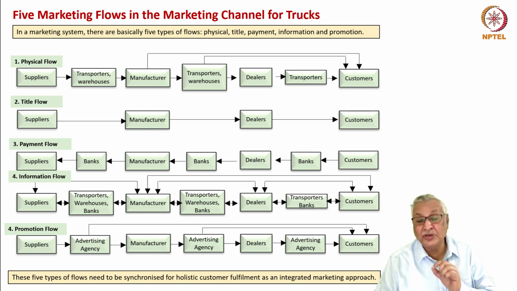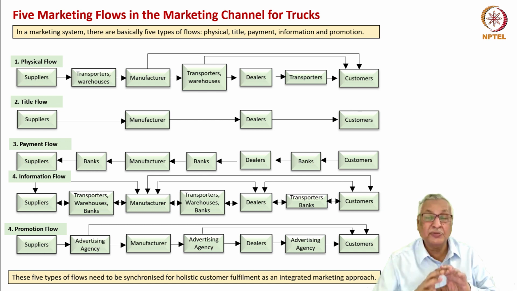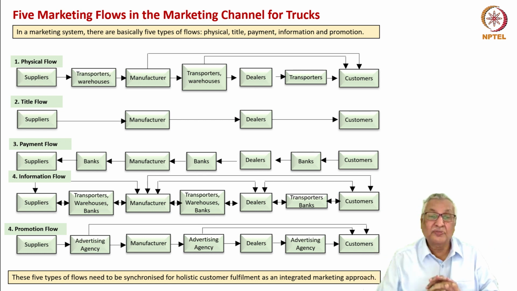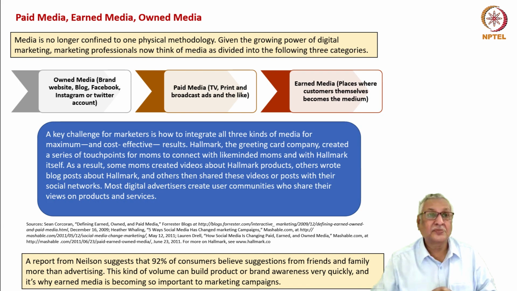But from manufacturer to dealers, one level of advertising agency, but that advertising covers the customers as well. When you look at an advertisement, you will find that the advertisement comes from the company, talks about the products, the essence of content, all of that. But at the bottom, you will find the whole list of dealers who are going to cover this product for you in different locations. Dealers may have, in addition, their own advertising aspect. So these five types of flows need to be synchronized for holistic customer fulfillment as an integrated marketing approach.